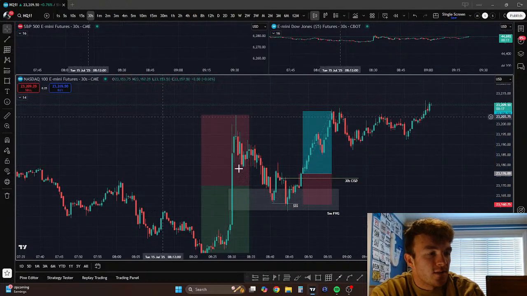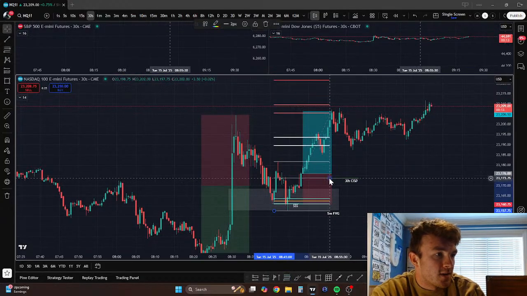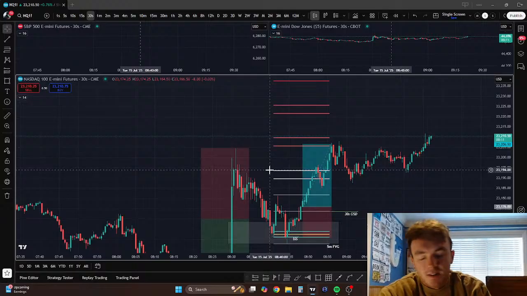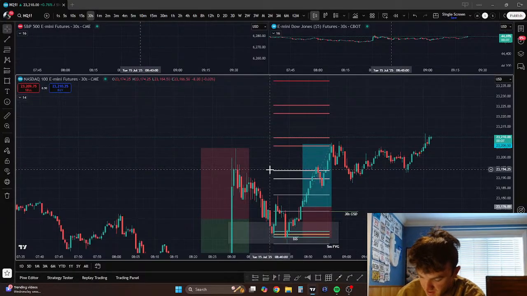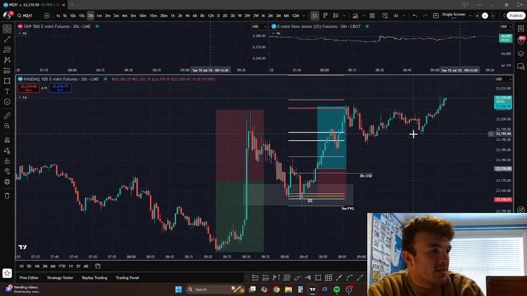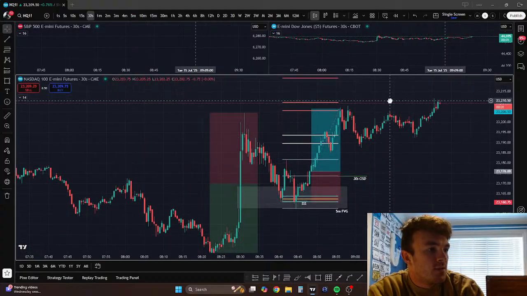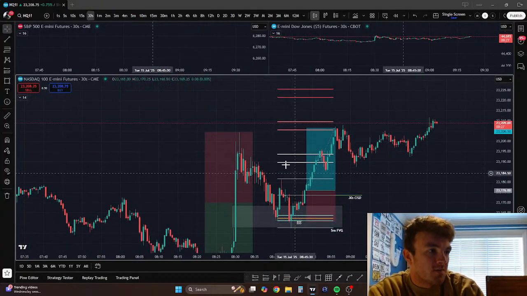The way I do this is I measure out standard deviations from here to here. First standard deviation hit. This is too bright, dude. This is way too bright. First standard deviation hit and second standard deviation hit. So now we might be drawing up to the fourth, possibly, but it's also possible we don't.